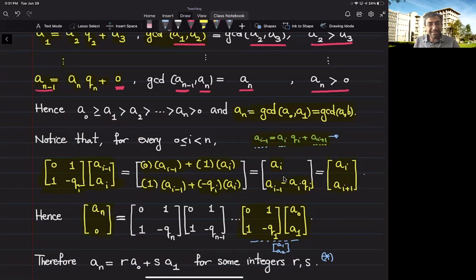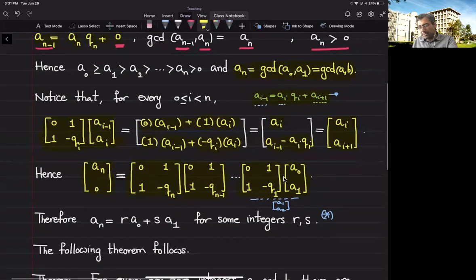I keep multiplying by these matrices, and I keep shifting the index by 1, till I shift it n times. When I shift it n times, I get A sub n and A sub n plus 1. But A sub n plus 1 is 0, as we have seen over here. So altogether, as I multiply these square matrices one after another to the initial column vector pair, I end up getting A sub n and 0.